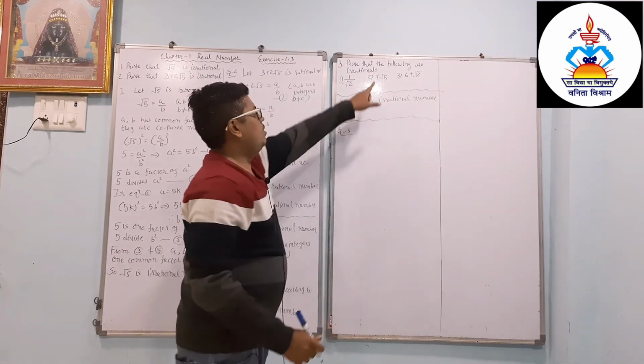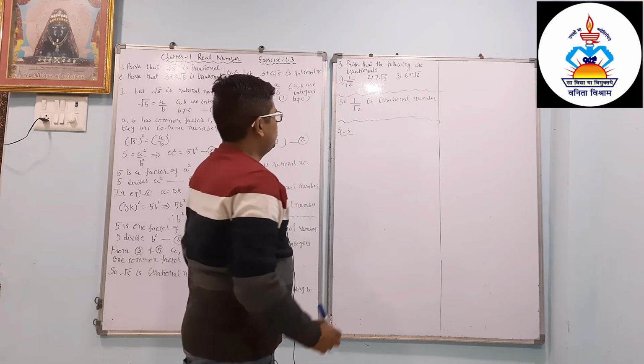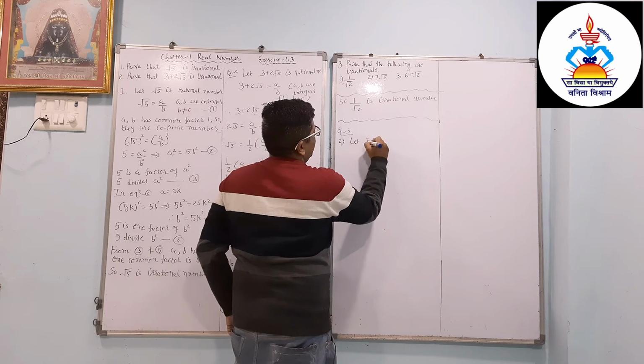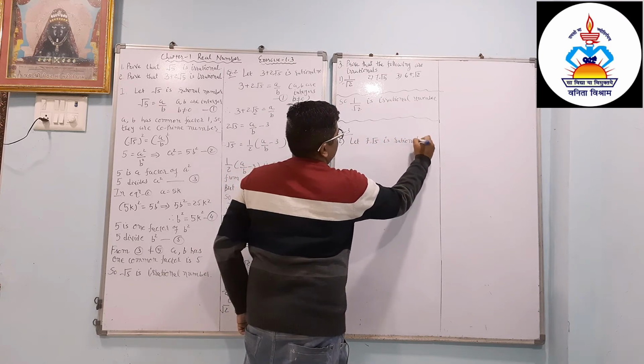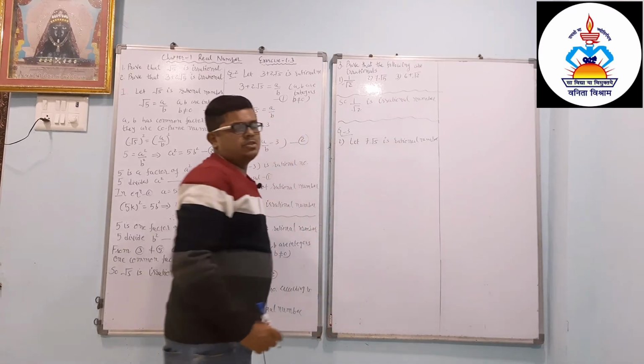Next, we are going to show that 7 root 5 is an irrational number. First we write: let 7 root 5 be a rational number.